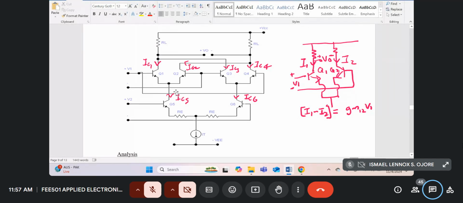And the negative is going to the base of Q3. So for that, we can write that I4 minus I3 will be equal to GM34 into V1.